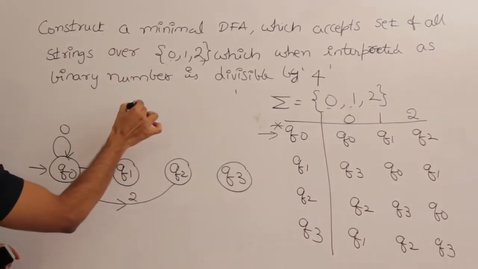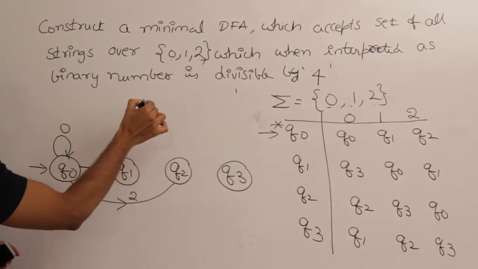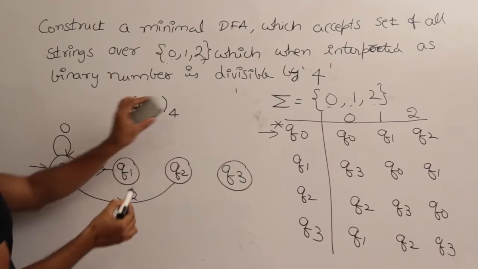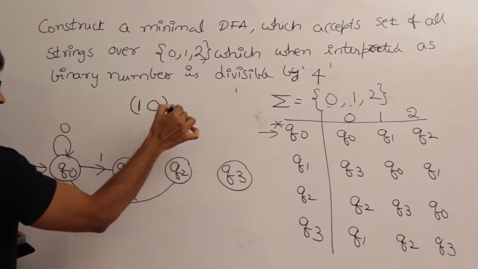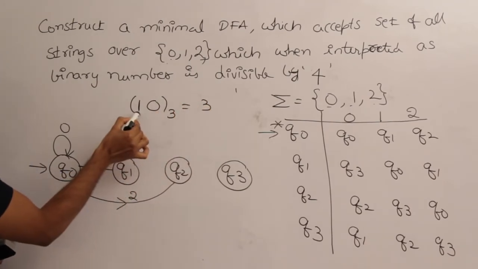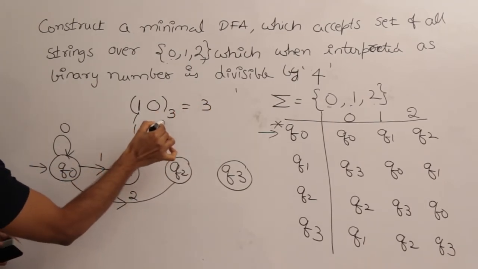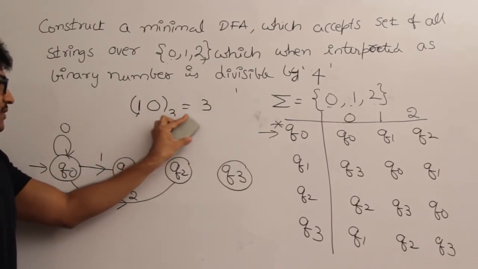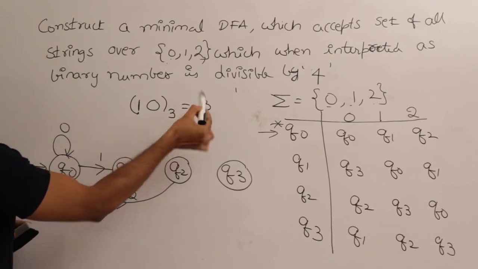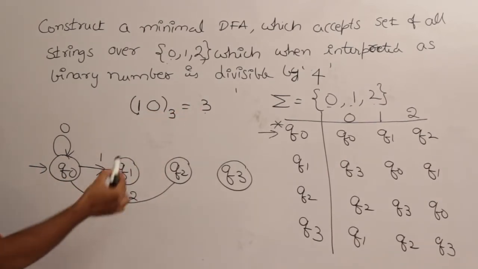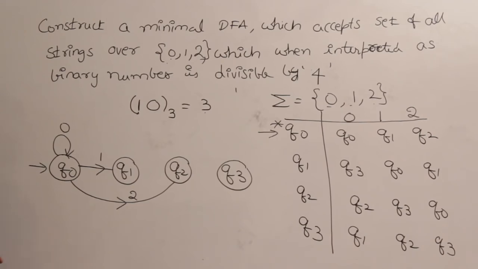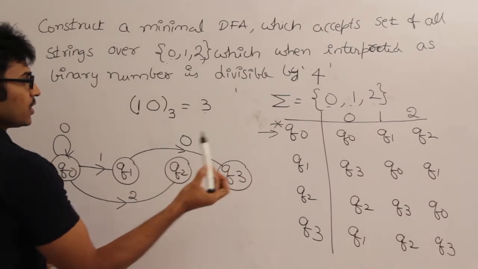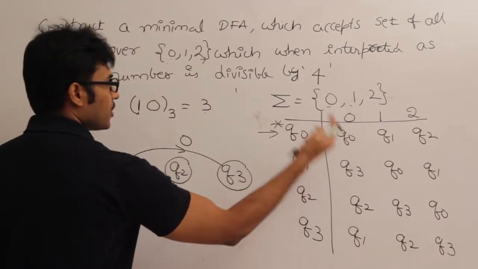Now if after seeing a 1 I see a 0, this base 3 number is nothing but 3. How? Take 1, multiply with 3 and add 0. So 10 in ternary is 3 in decimal. Therefore the remainder when divided by 4 is 3. So Q1 on 0 goes to Q3.